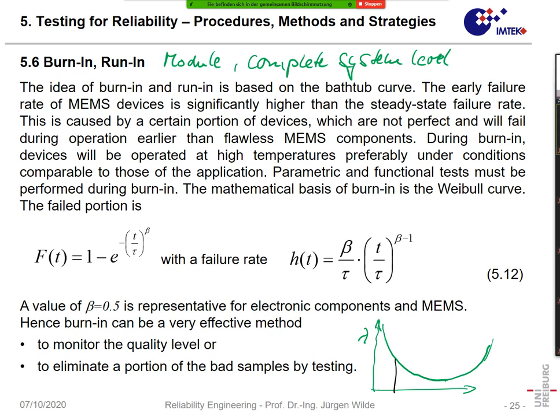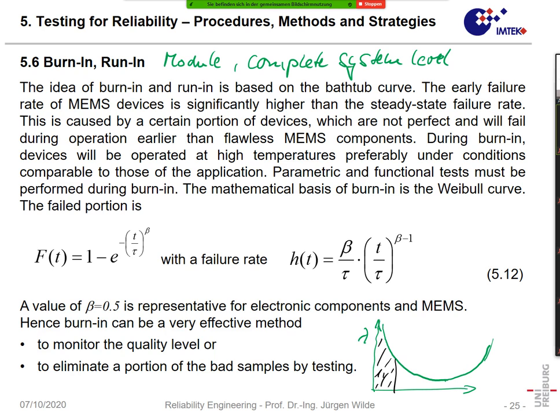For instance, that would be 1 year of operation, and that means initially we have many failures, and then it goes down until we have here the wear out phase. And that is a big problem, because if the area here is large, that means we have very many specimens which fail, and where, for instance, we have to give replacement or we give compensation.